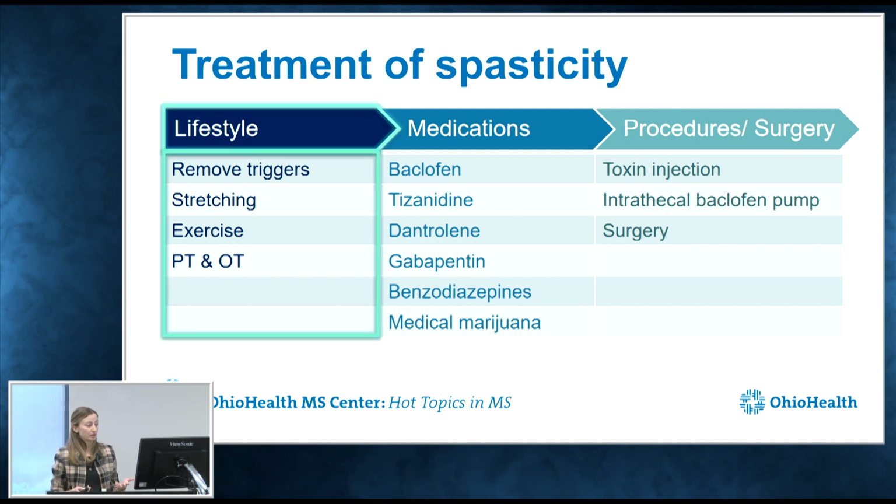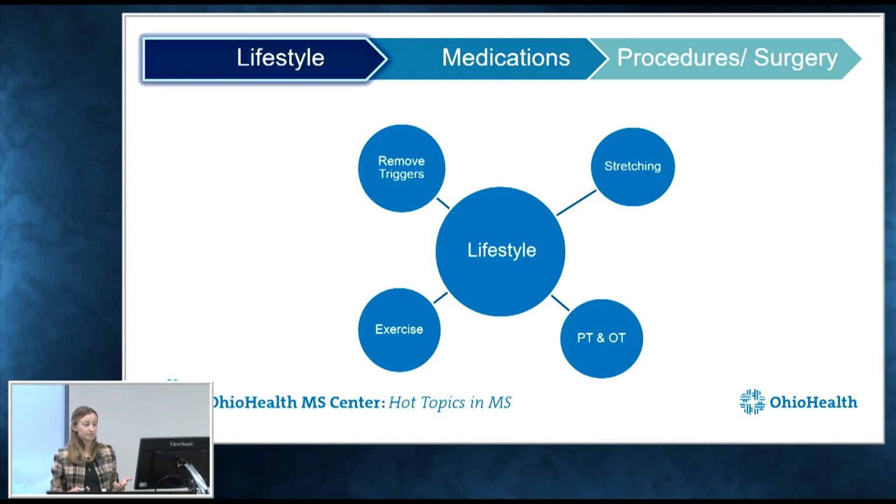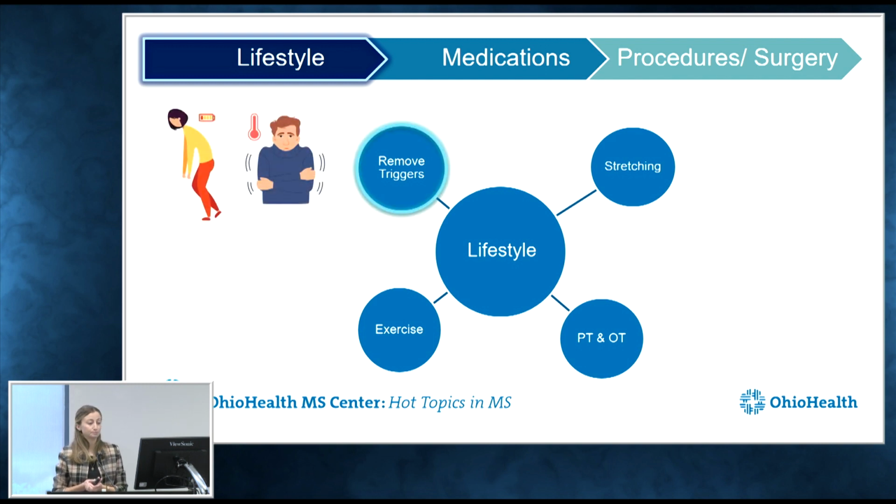So we're going to start off with these lifestyle things, which we're recommending to almost every single patient who has spasticity. The first thing we can do is talk about triggers. There's many things that can worsen someone's symptoms, and it's important to identify those triggers because sometimes they can be avoided.